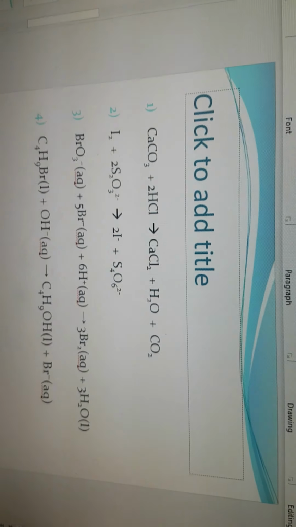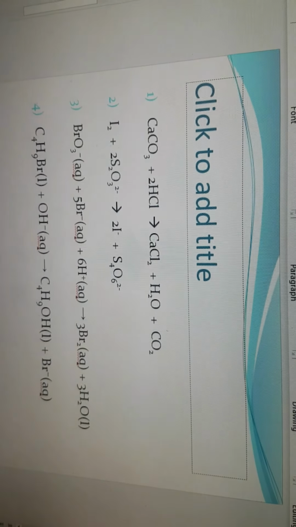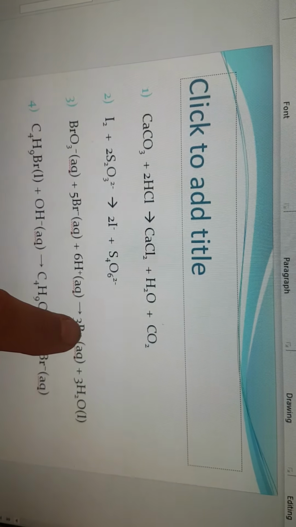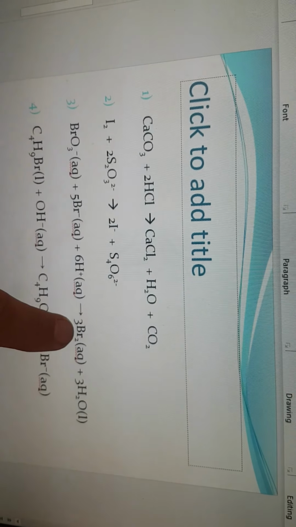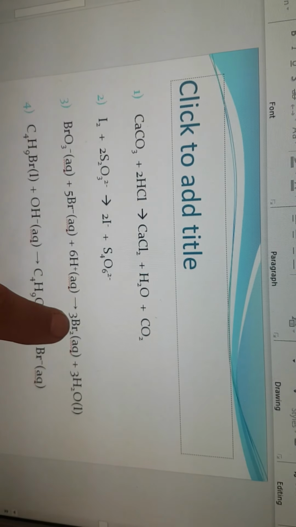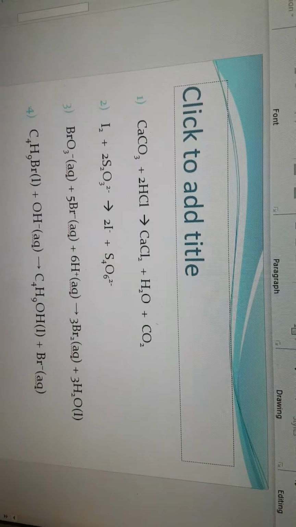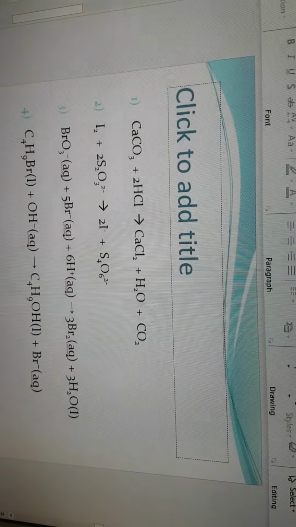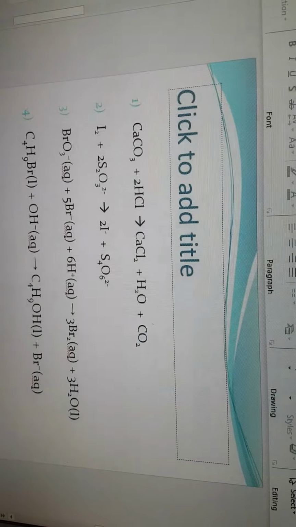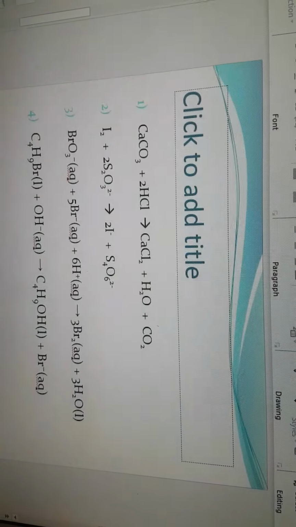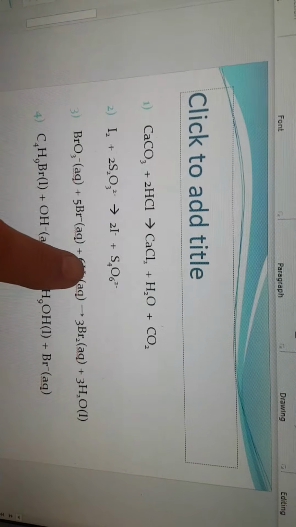Now, number 3, again, no gas. The most obvious technique to use, bromine, is a sort of yellow-orange colour. All these ions are colourless, so there would be an increase in colour, so you could use colorimetry again. However, you could also use the pH method again.